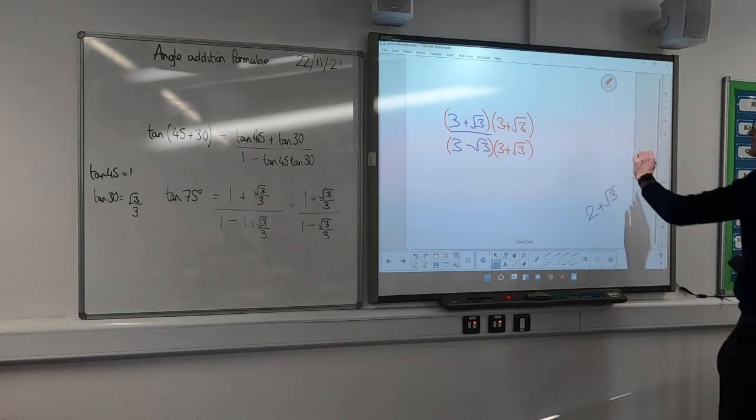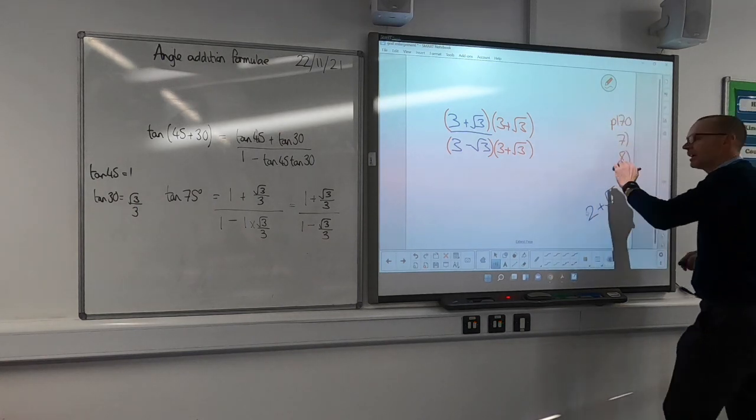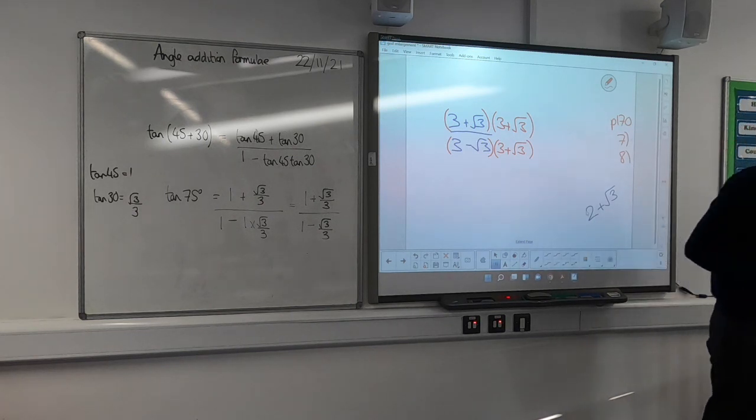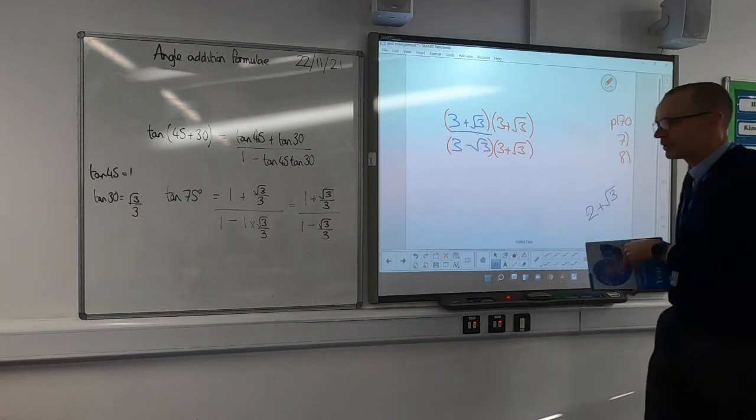Page 170, questions 7 and 8 are where we're going next, because surd practice is worthwhile practice. But finish that one off first.